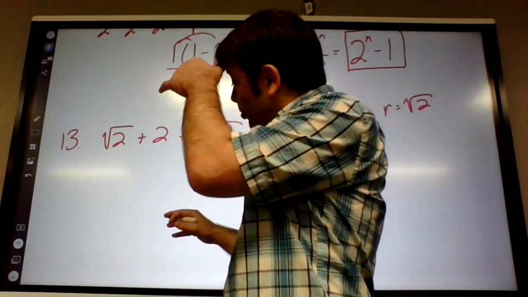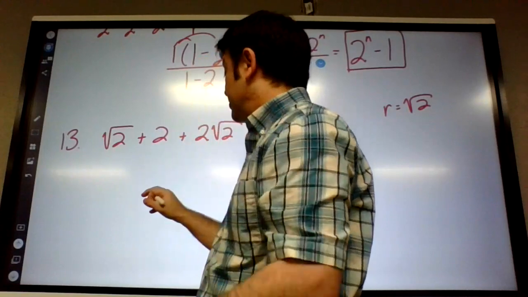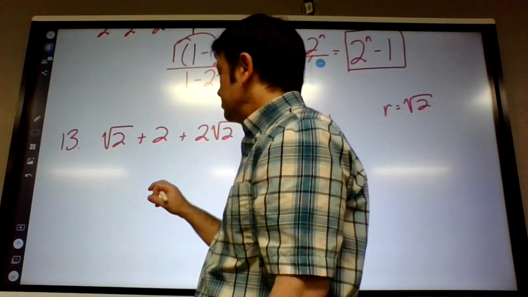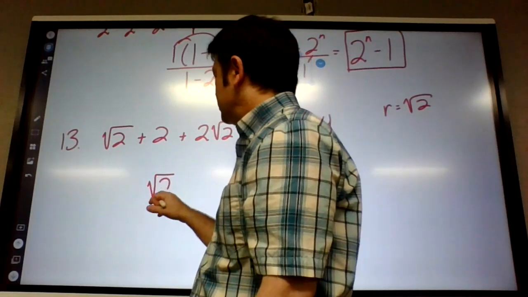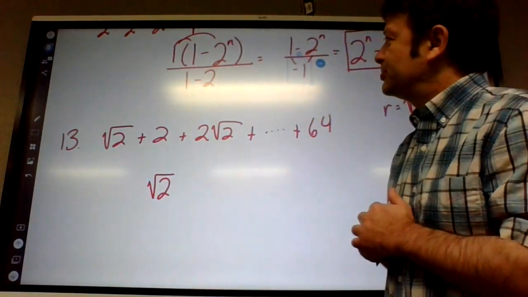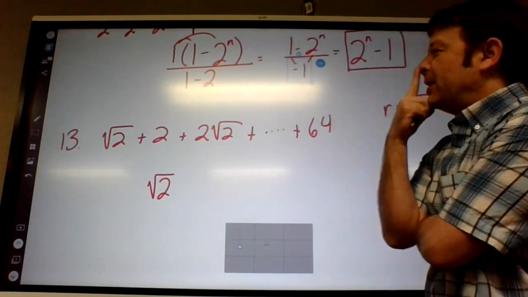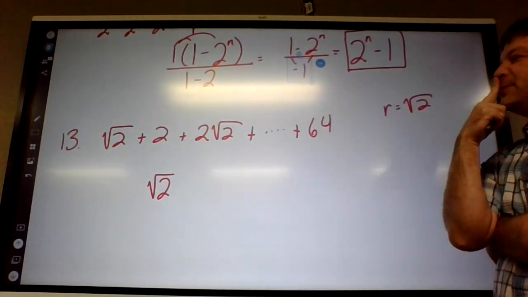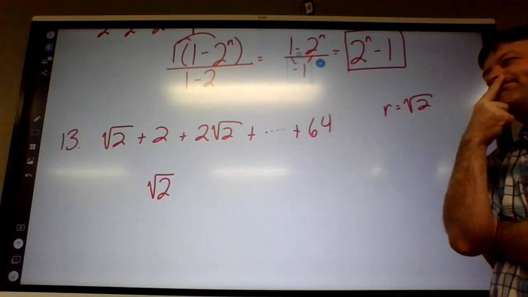So, same formula. What is the first term? Oh, yeah. I didn't really think about this. We kind of need to know. So they went to 64. What term is 64? Will it be the 16th?